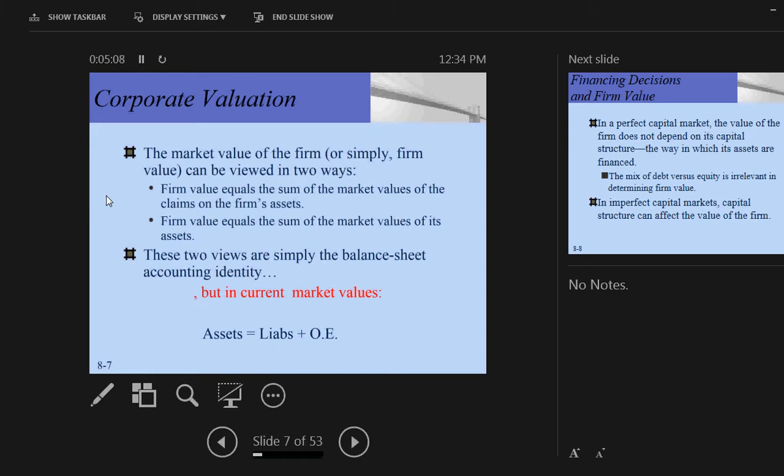So here we're getting at an important point though, right? When you talk about this split between liabilities and owner's equity, you're basically talking about the financial structure of the firm, right? So when we use this equality here, we're in essence assuming that it really doesn't matter whether you do 20% liability versus 80% equity or vice versa.